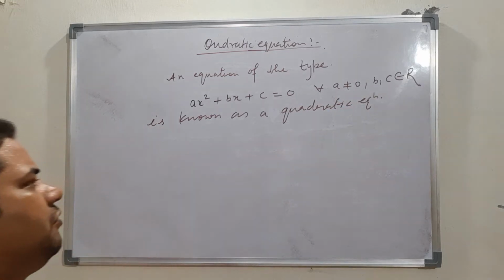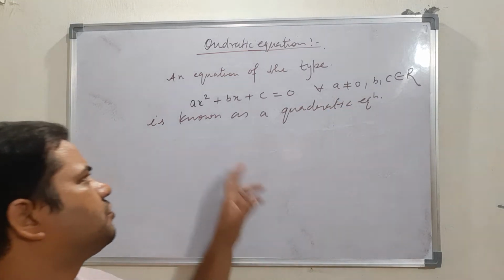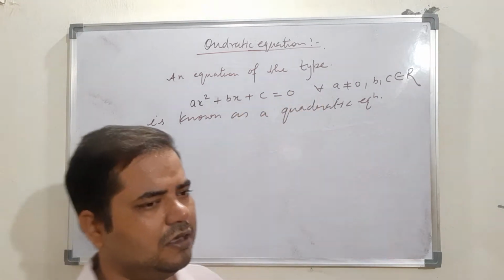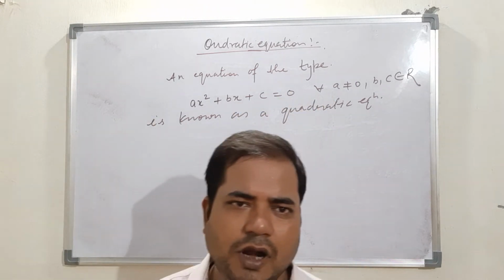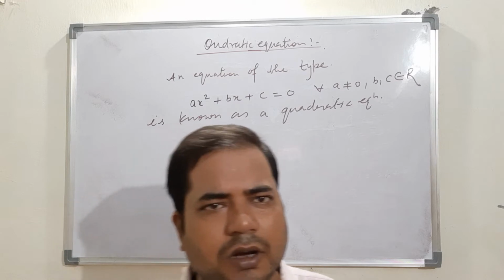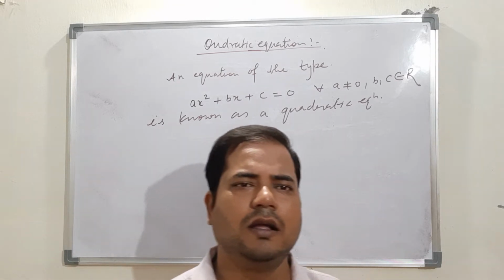So any equation of the type ax square plus bx plus c where a does not equal to 0 and b, c belong to real numbers is known as a quadratic equation.